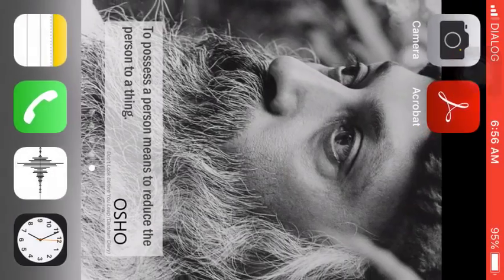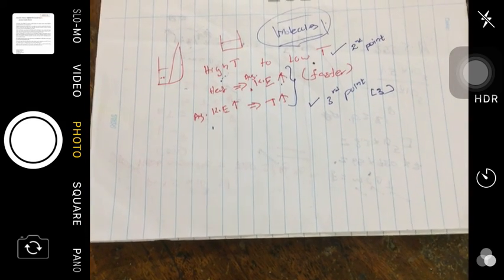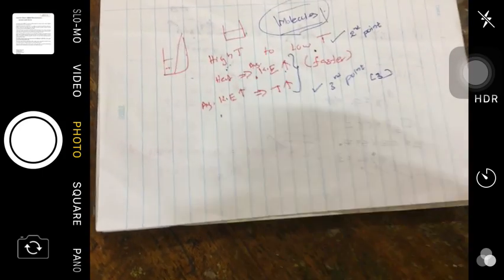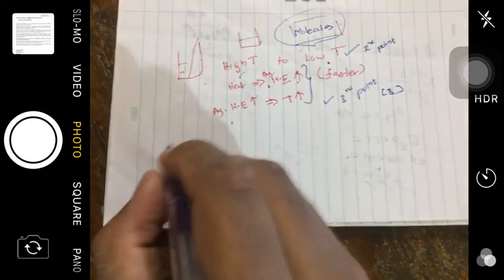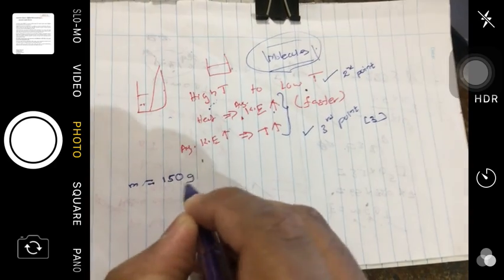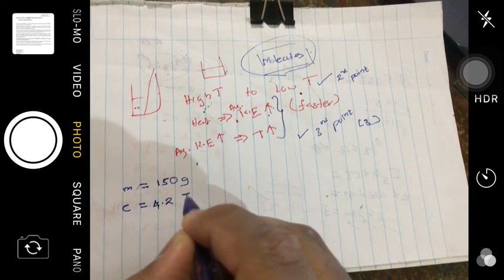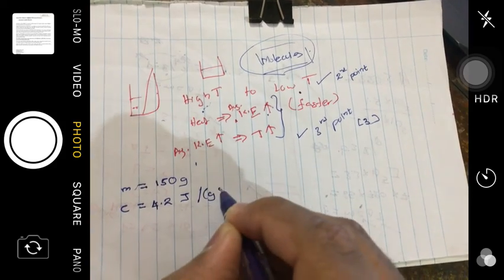So it's important that you circle the data before you start the question, and then you can list the data. Mass is equal to 150 gram. The specific heat capacity is equal to 4.2 joules per gram per degree Celsius.